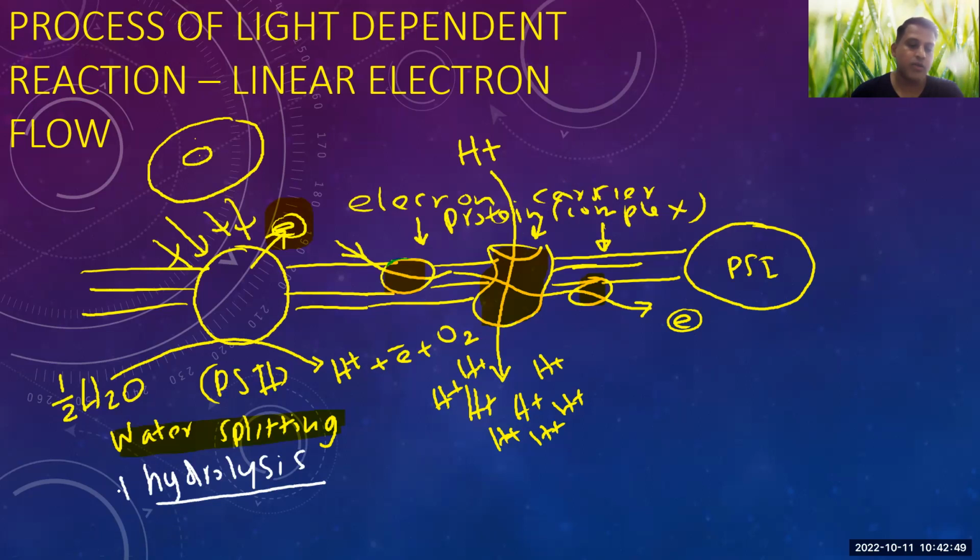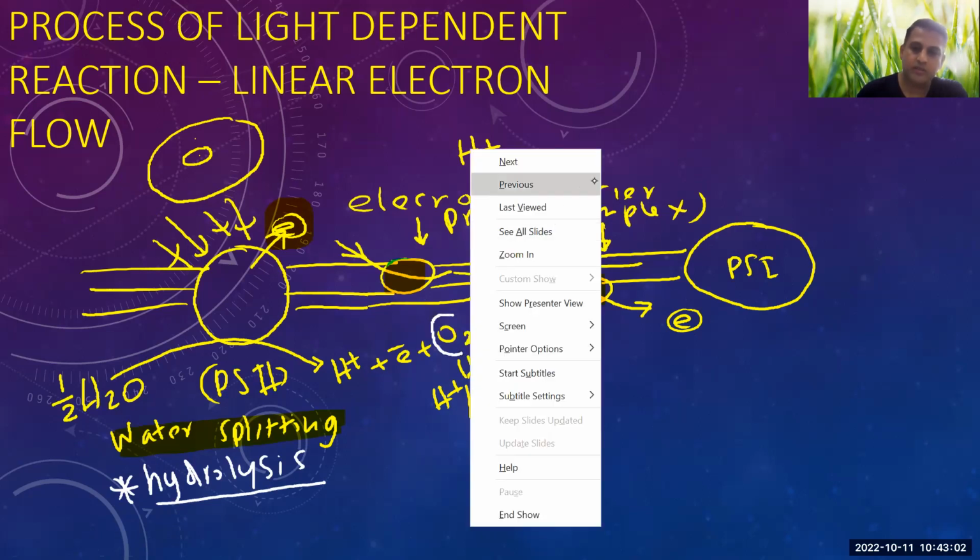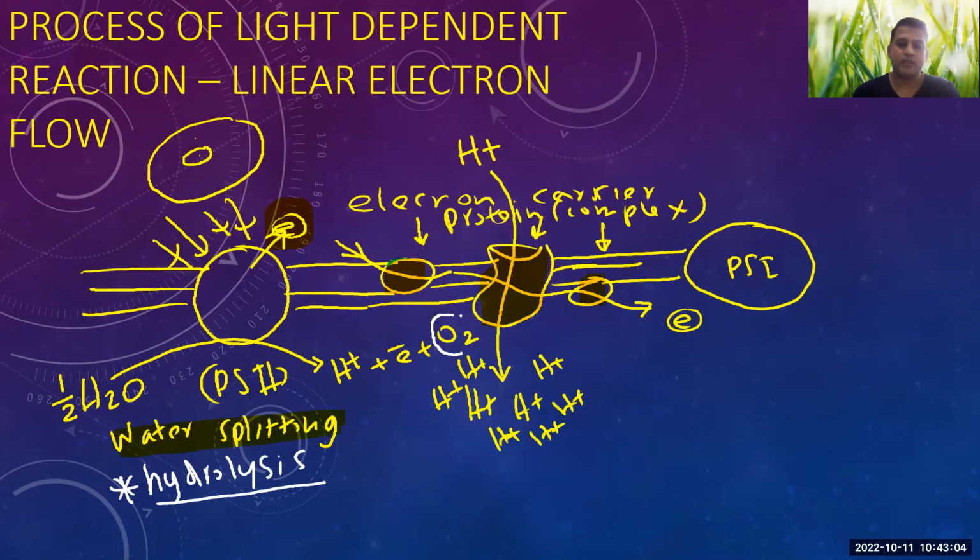It is called hydrolysis, water splitting. So what is important about that? Now you see one important thing: in photosynthesis we get oxygen. So where do we get oxygen? We get oxygen from water.